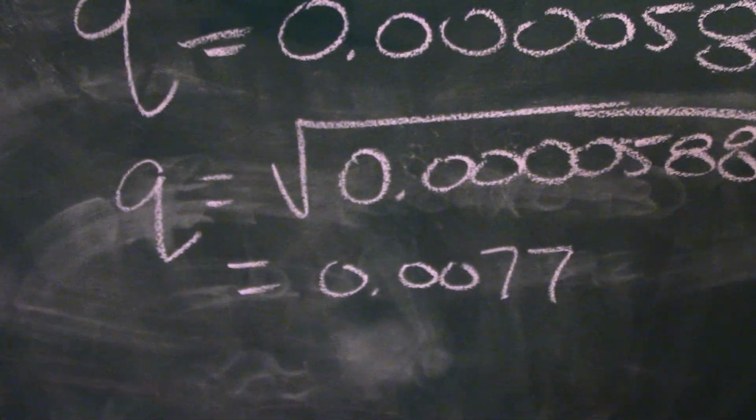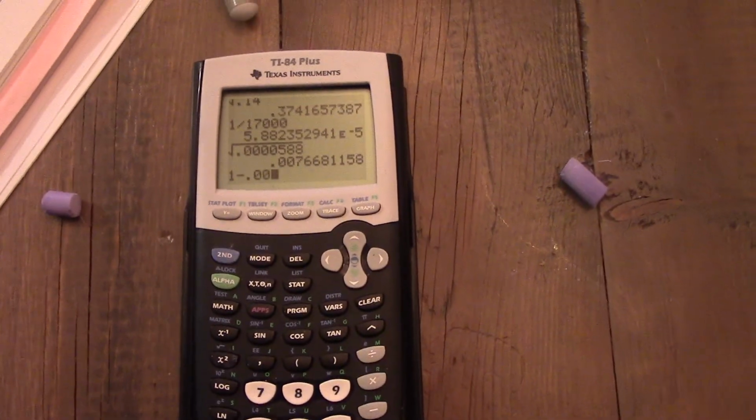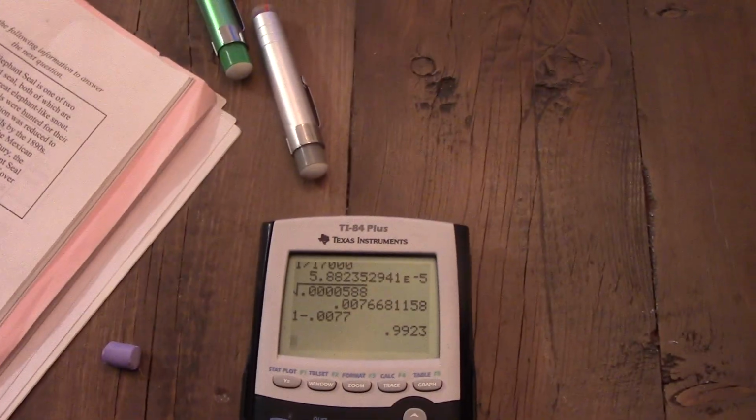Okay. So P is going to equal 1 minus 0.0077. And that is 0.009, so sorry, 0.9923.